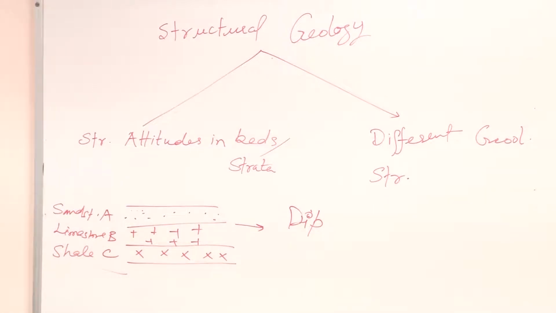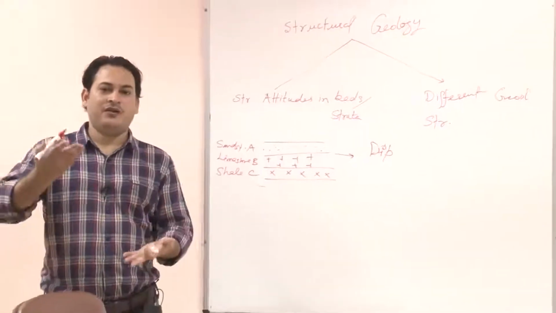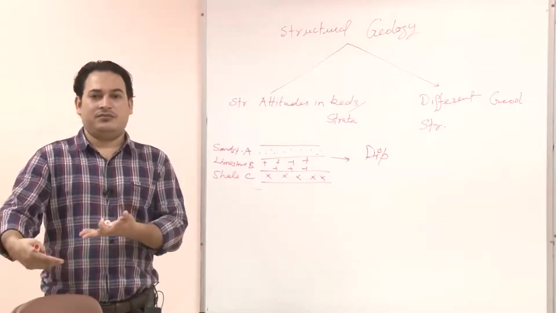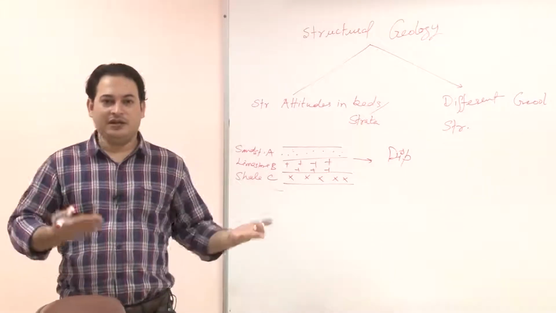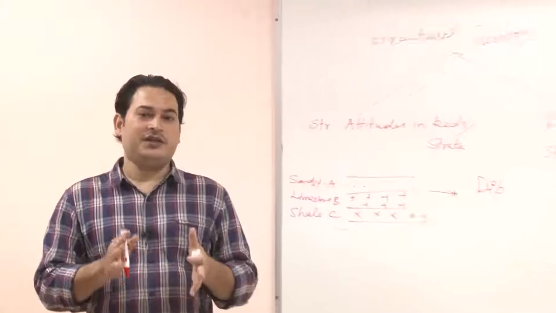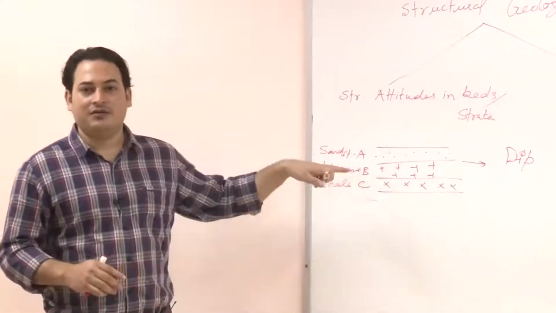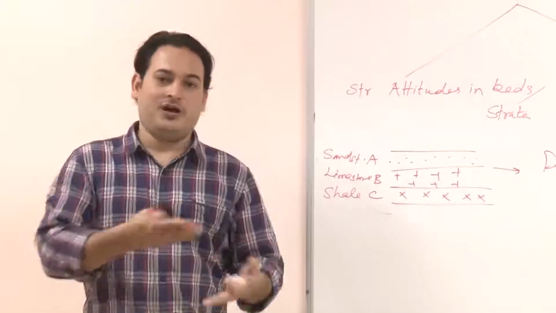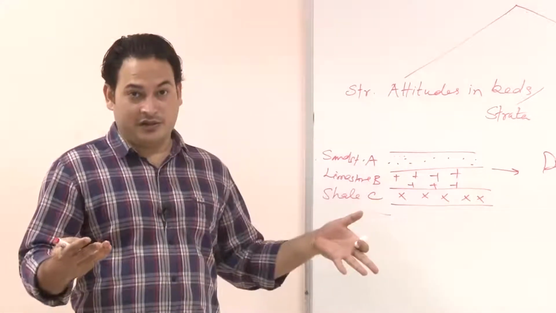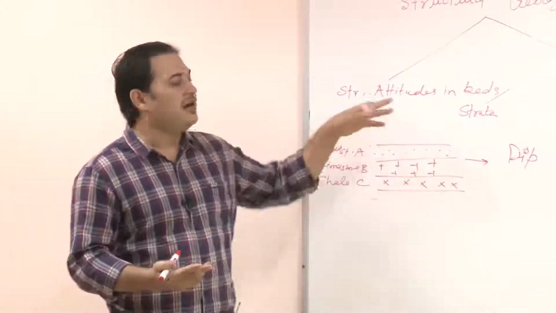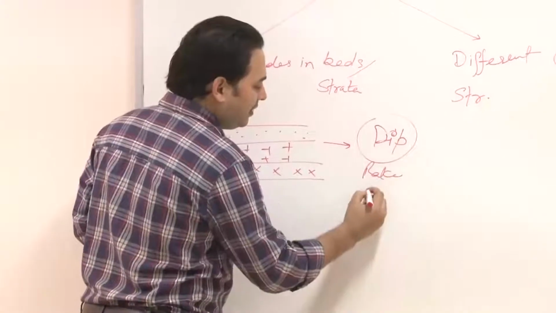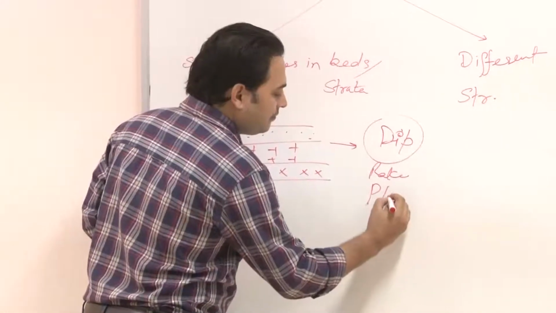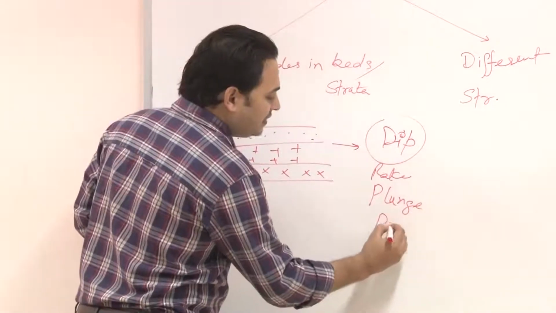When there is some deformation or tectonic activity or upliftment, or emplacement of lava from the deeper portion, or any kind of disturbance in the earth crust, the strata which were deposited horizontally will now get deformed and have structural attitudes like dip, rake, plunge and pitch.